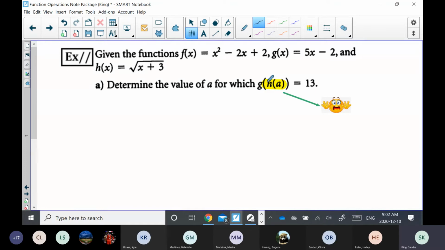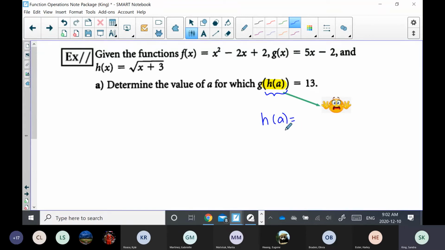And then they've done this weird thing, and they've said, what's h of a? And we've never seen this before, because normally we see h of x, right? So I don't want you guys to panic when you see that, h of a, which is my inner function.